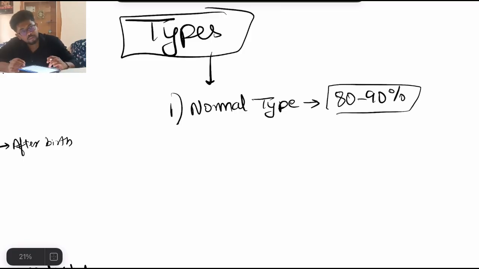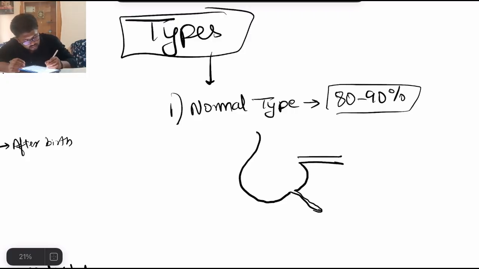So what is the normal type? The right saccule will be larger than the left saccule, and this is the base of the appendix and the ileocecal junction, and the distance between the base of the appendix and the ileocecal junction should be 2 to 3 centimeters. So this is the normal type.